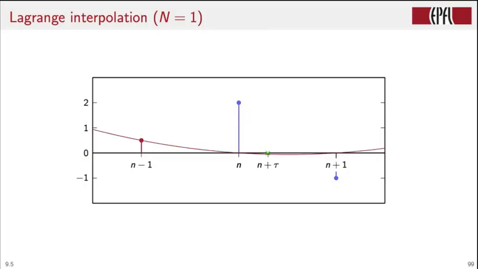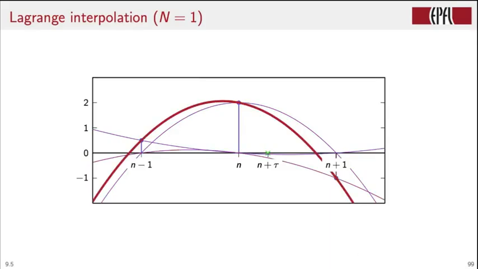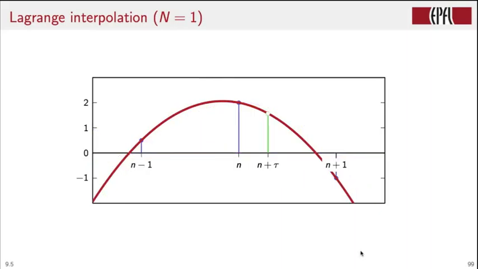So we start with the first one, which is centered in n-1, and like all interpolation polynomials, its value is 1 in n-1, and 0 at other integer values of the argument. The second polynomial will be centered in n, and the third polynomial will be centered in n plus 1. When we sum them together, we obtain a second order curve that goes through the points, that interpolates the 3 points, and then we can compute the approximation as the value of this curve in n plus tau.